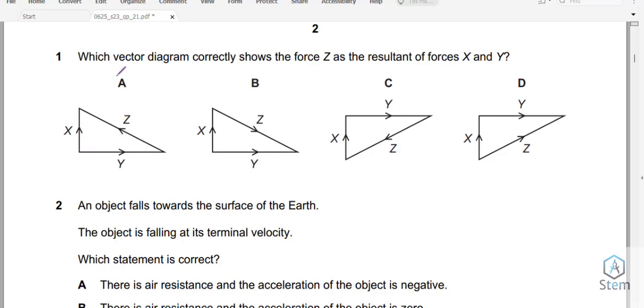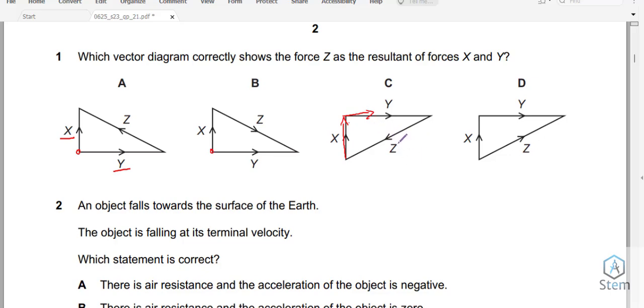If we look here in A, we can see that the tail of x and the tail of y are joined here. And this is not correct. We want the head and the tail. That is the same case here. We have the tail of y and the tail of x. Let's look at C. We have the head of x and the tail of y, and this is what we are looking for.